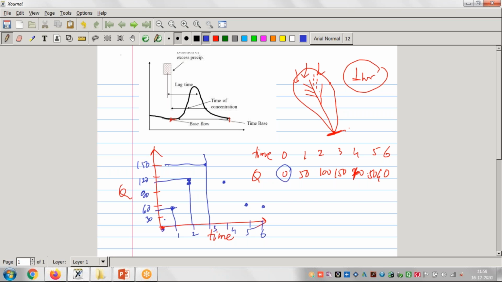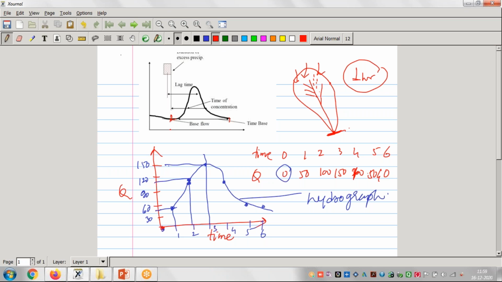When we join these points, we call it a hydrograph. Now one thing is clear: how the hydrograph is drawn, and how it has come.